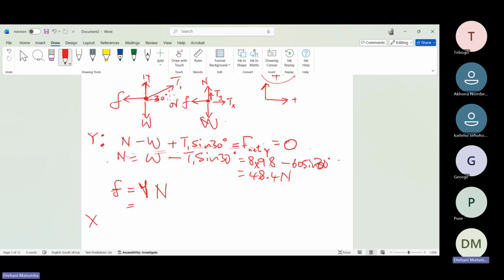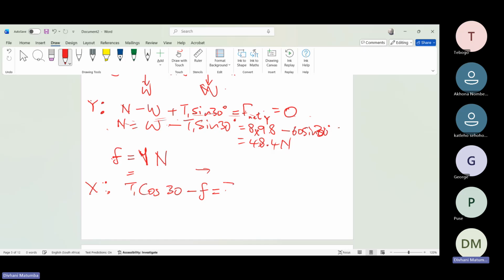Now let us resolve in the x direction. In the x direction, we know that tension T1 cos of 30, which is in the positive direction, minus friction, will give us the net force in the x direction, which is equal to mass times acceleration.